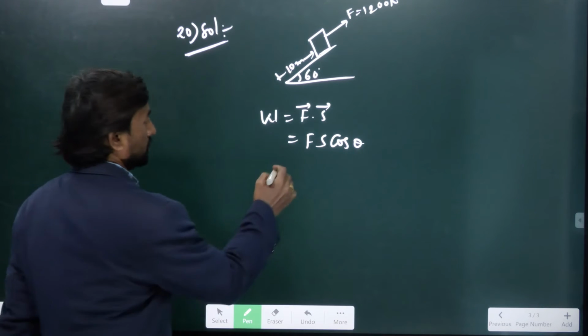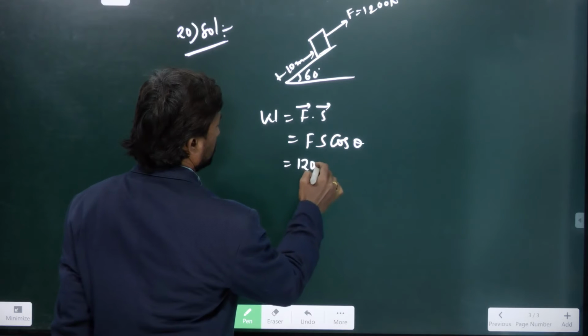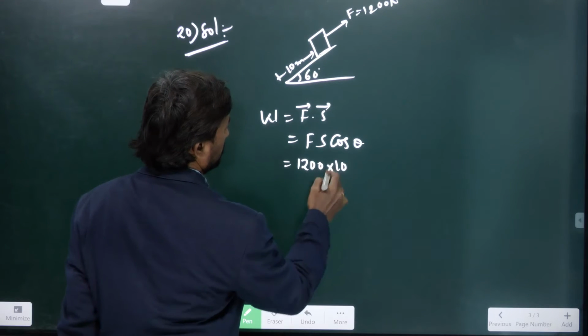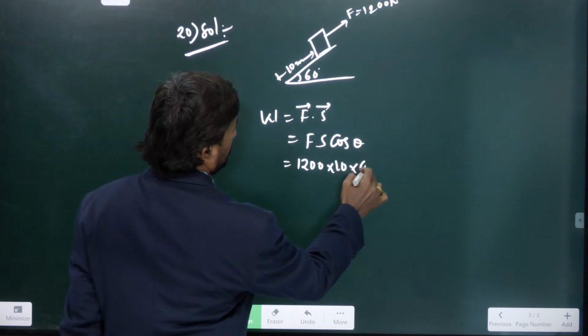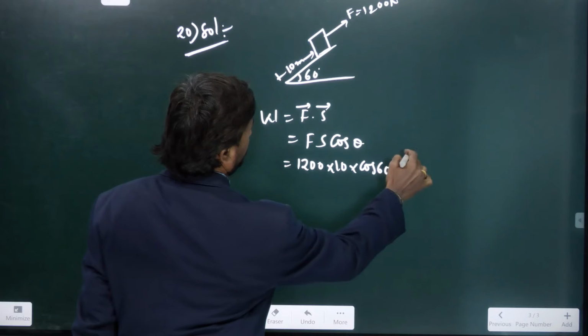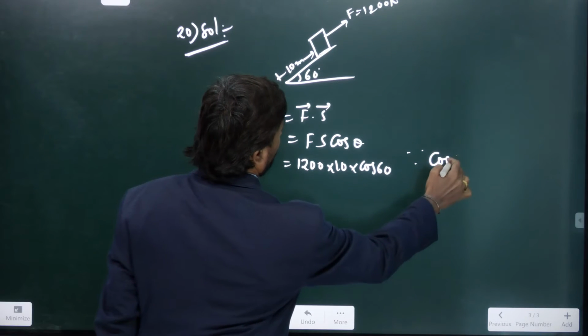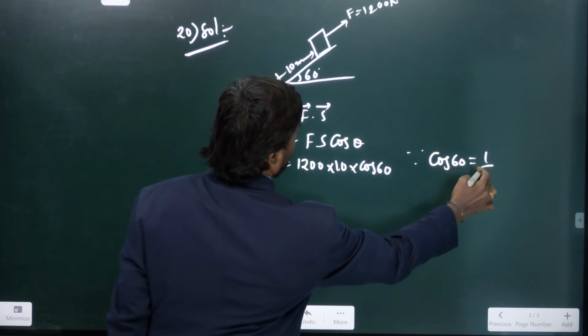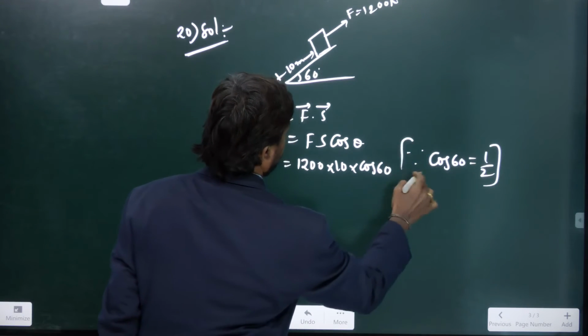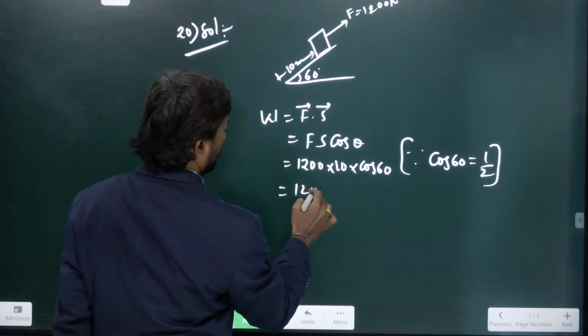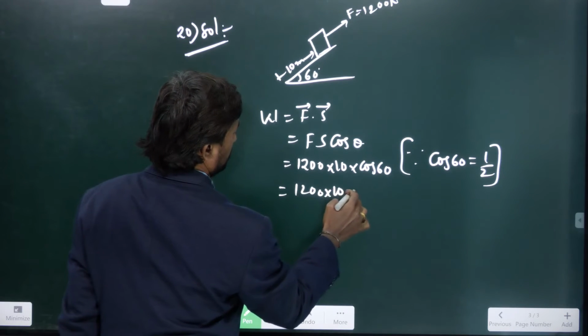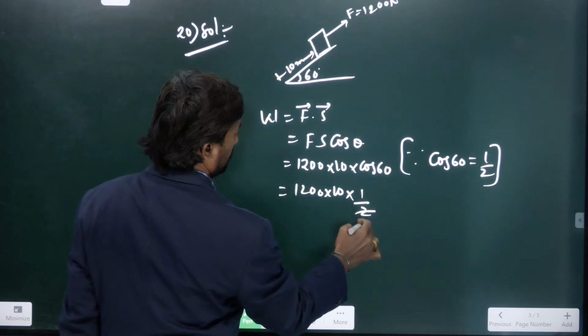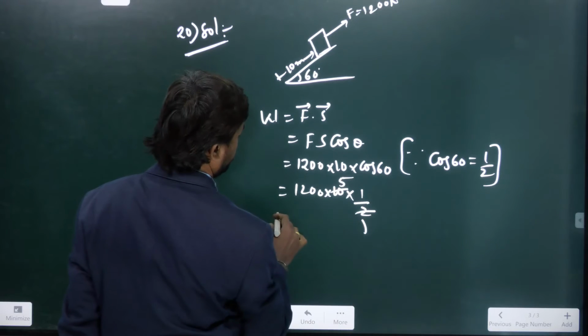So how much is the F value given? It is 1200 and the distance is 10 meters. Cos 60 is given. Cos 60 is equal to 1 by 2. Substituting here, 1200 into 10 into 1 by 2. So 1 twos are 1 and 2 fives are 10.